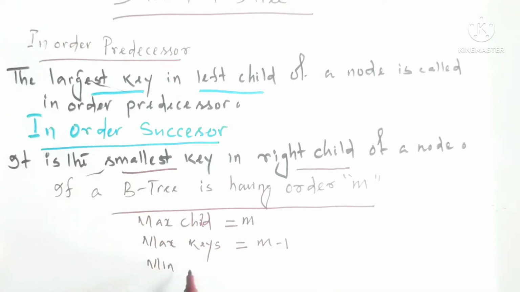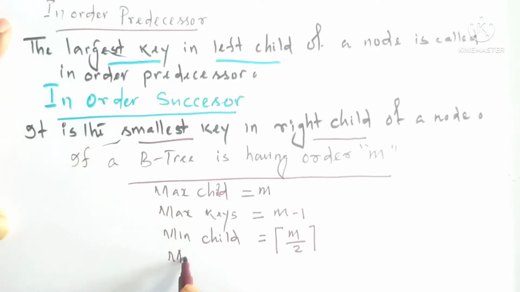The minimum number of children will be the ceiling of m by 2, and the minimum keys that should be present in each node is the ceiling of m by 2 minus 1.